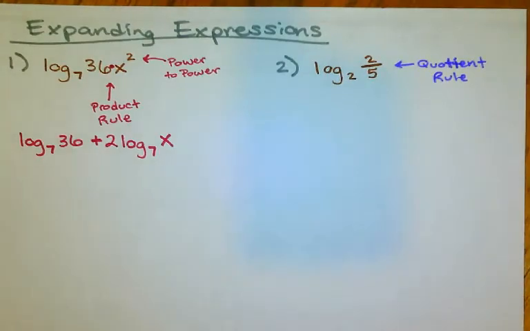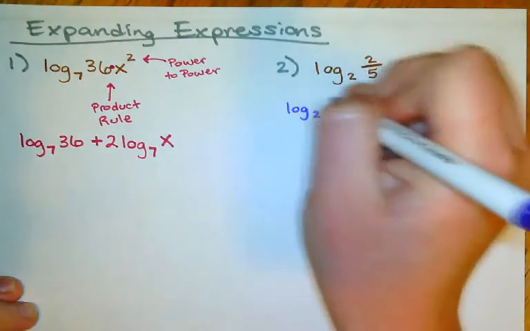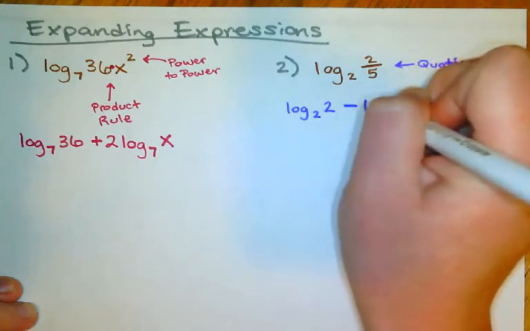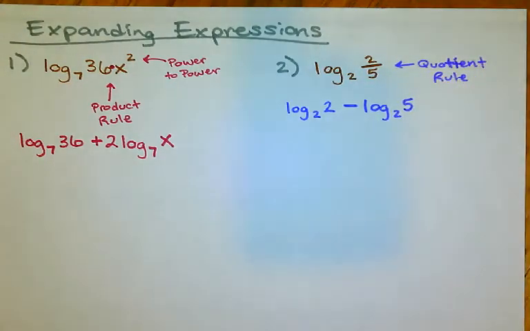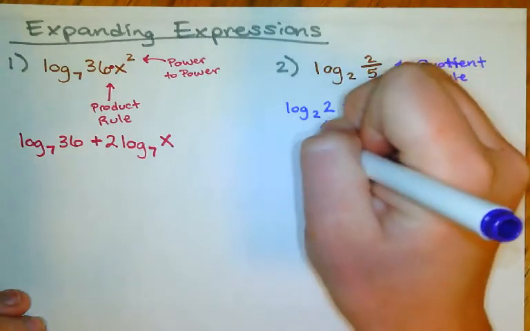So if I use the quotient rule here, that means we can split this into subtraction. We've got log base 2 of 2 minus log base 2 of 5. So you may think we're done, but do you see any other rule that we could use here? Yeah, that's exactly right. We have the same base.